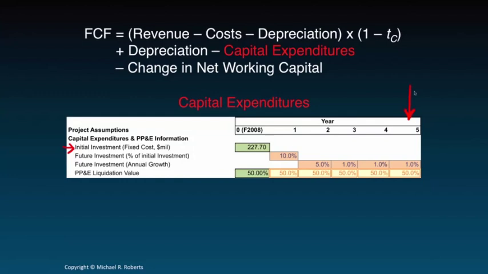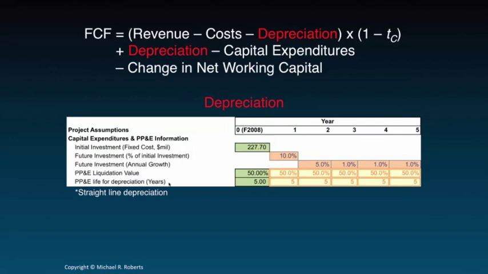So I'm going to assume I can do something with it. I could sell it. I could rent it out. I could redeploy it for another product. But I'm going to take a step back from precisely what I do with it and just assume a liquidation value in which I get 50 cents on the dollar. It's just an assumption.